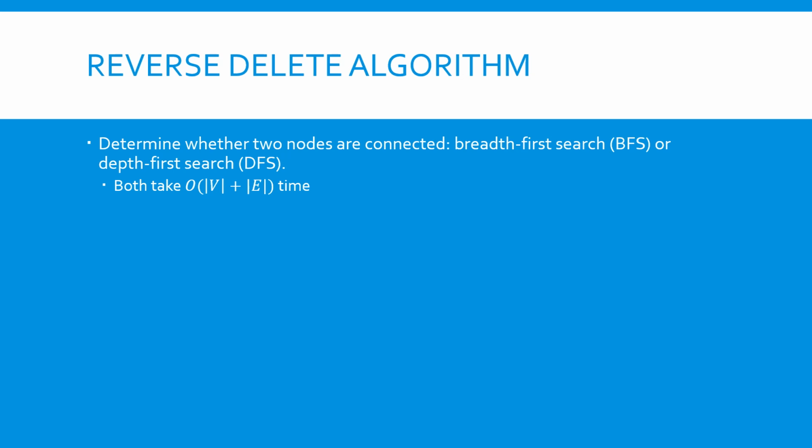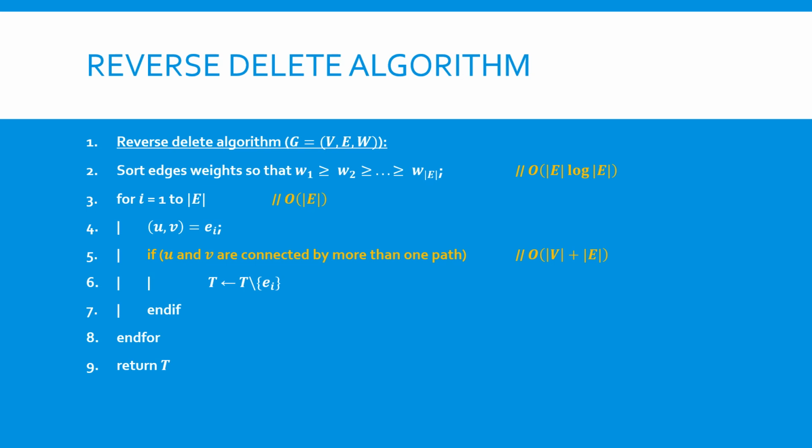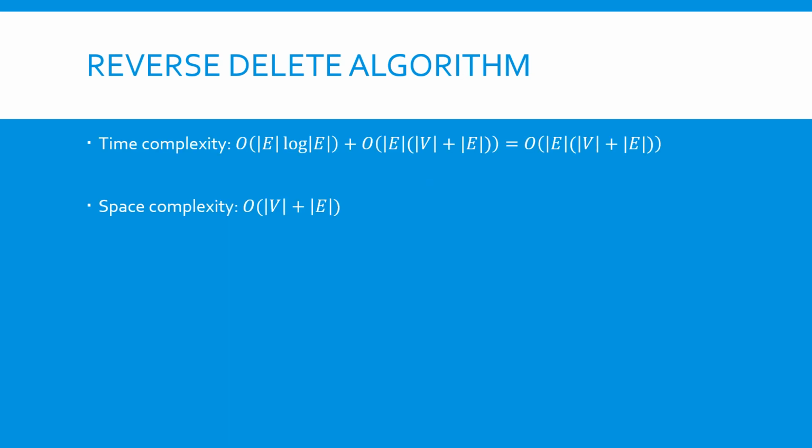We will not delve into their details, and you can find more information about them elsewhere. Now, we have found the time complexities for the key steps in the pseudocode for the reverse delete algorithm. As a result, the time complexity for the reverse delete algorithm is O(E(V + E)). Its space complexity is O(V + E), which is used to store the graph.